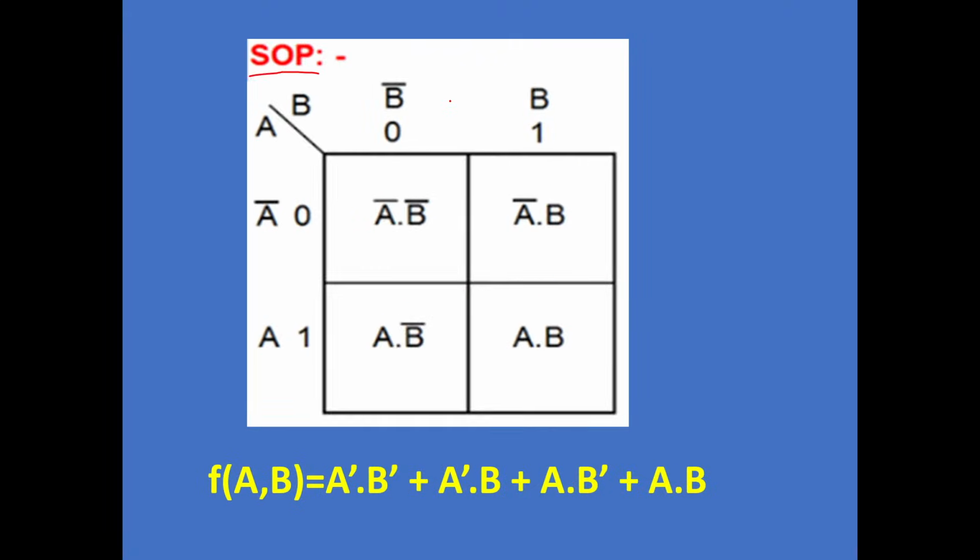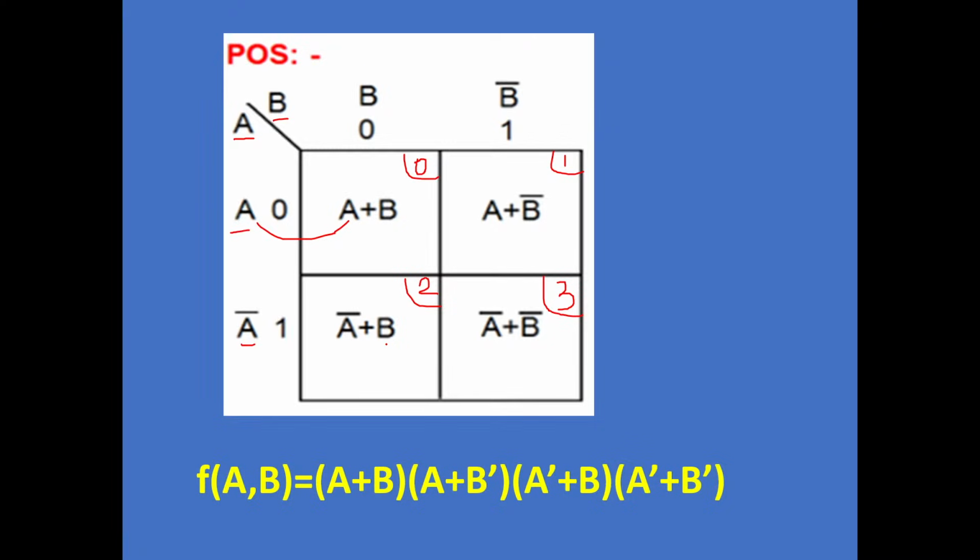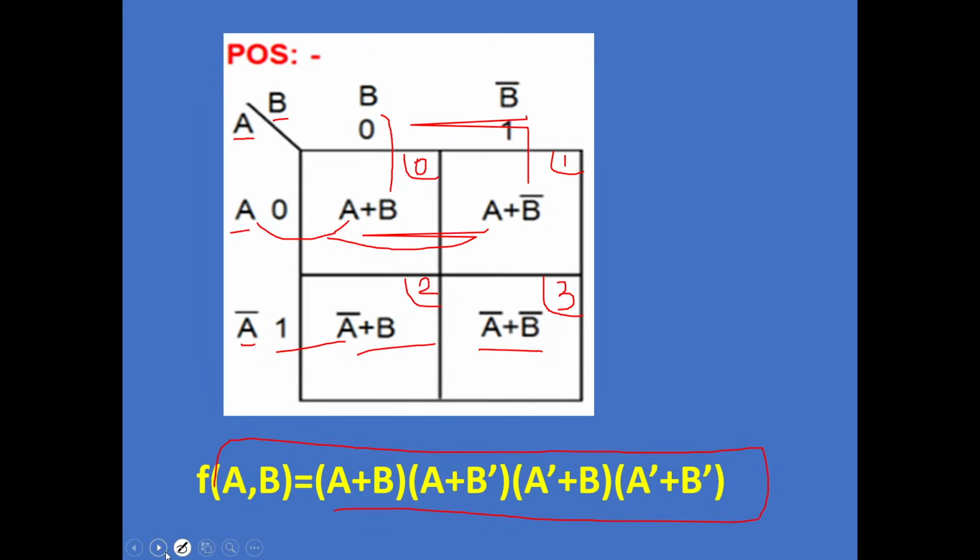Whereas for sum of the product, 0 means B bar and A bar, and 1 means B and A. So write down the sum in each box. A plus B, A plus B bar, A bar plus B, A bar plus B bar. So write down all the magnitudes and multiply them. This is product of this sum.